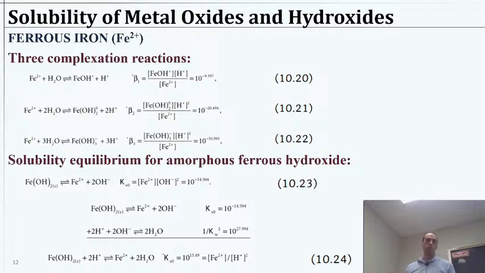Many metals will form these hydroxides like we talked about, and we may even be able to decide, based on the type, the classification of our metals, that this one's likely to have a hydroxide, this one's not so likely. So Fe2+, ferrous iron, will have 3 complexation reactions.